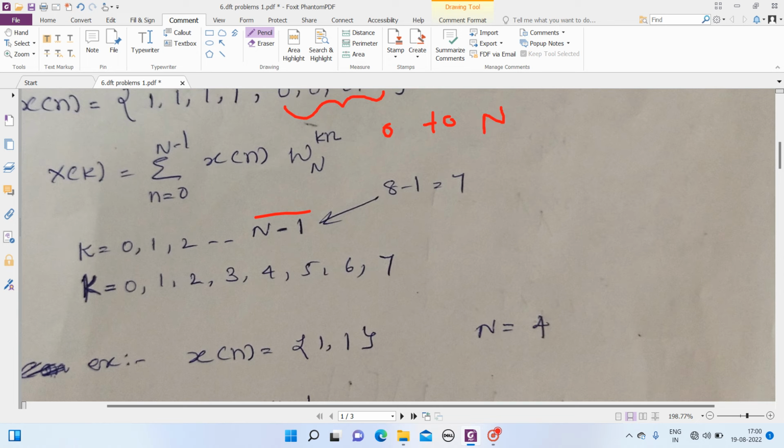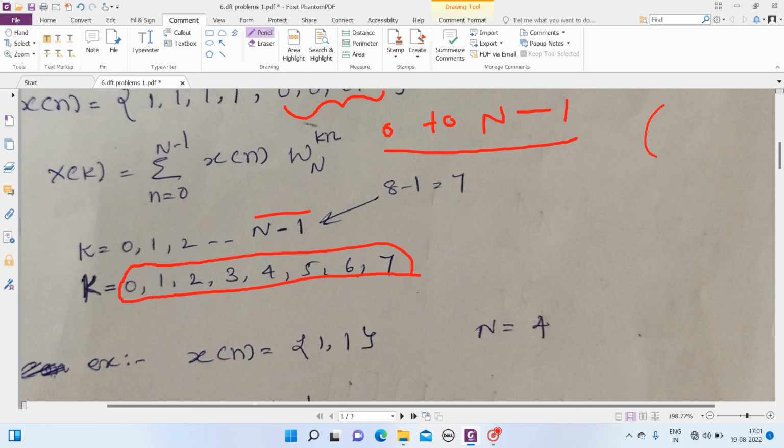Both k and n values vary between 0 to N minus 1. Here the N value is 8, and 8 minus 1 is equal to 7. So k values vary between 0 to 7: 0, 1, 2, 3, 4, 5, 6, 7. We need to calculate X of k values for 0, 1, 2, 3, 4, 5, 6, 7. Okay, this is a very big problem.